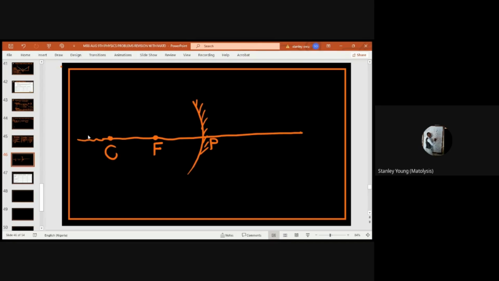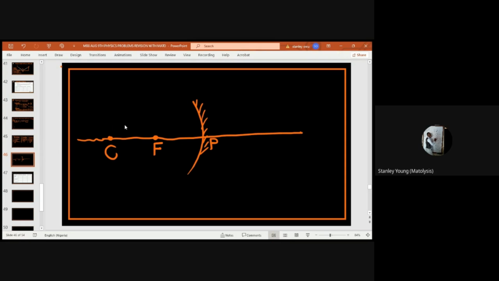For an object positioned between the center of curvature and the principal focus, the image is usually somewhere in here. If you draw the ray diagram, it's going to be magnified, real, formed behind the center of curvature, and it's going to be inverted.